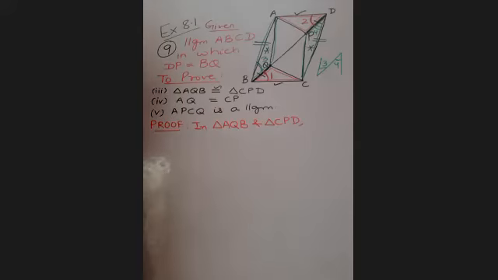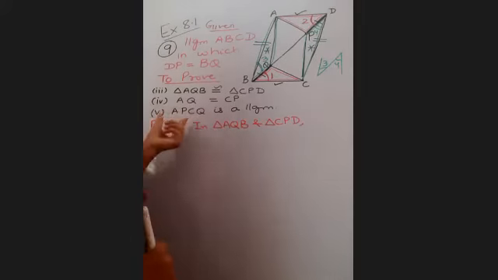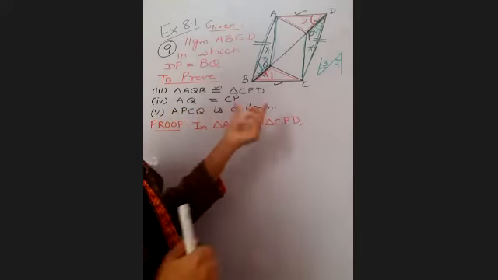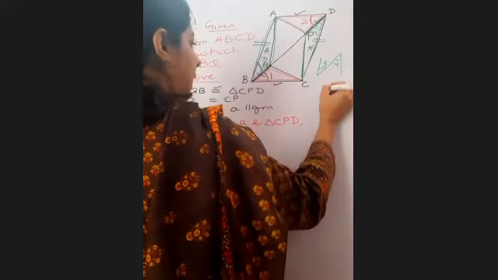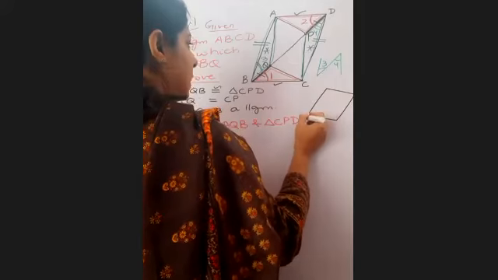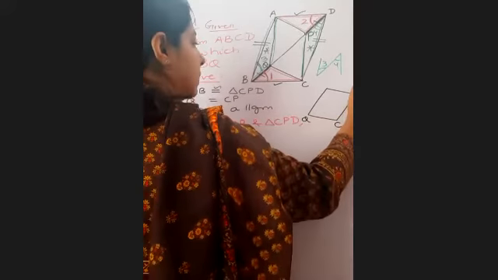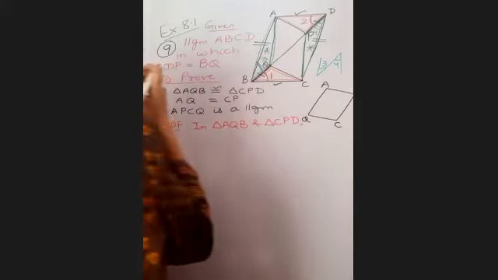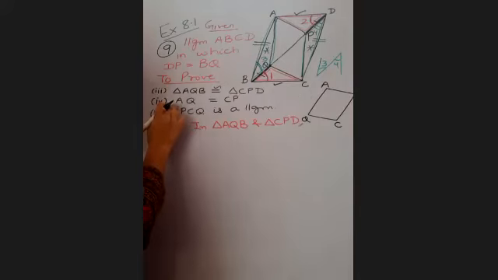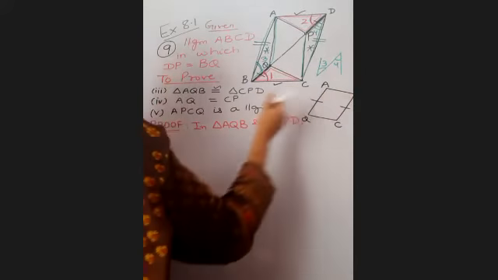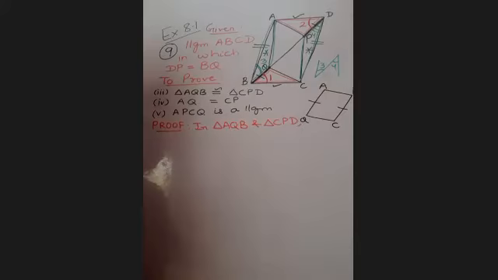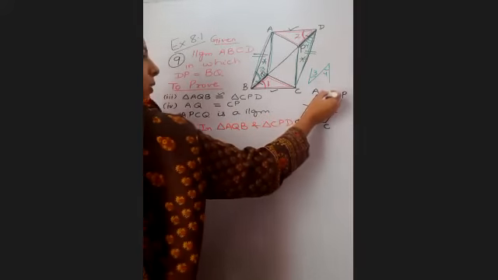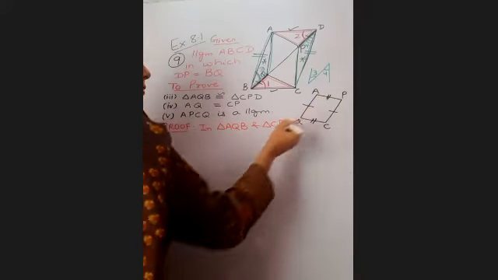Yes. Then we have to show that APCQ is a parallelogram. Now here, children, if you see, we are showing that AQ is equal to CP, part 4. In part 2, we have shown that AP is equal to CQ.